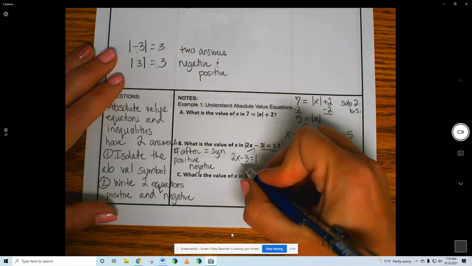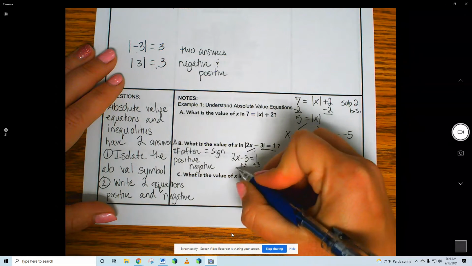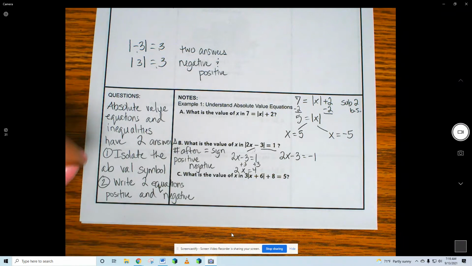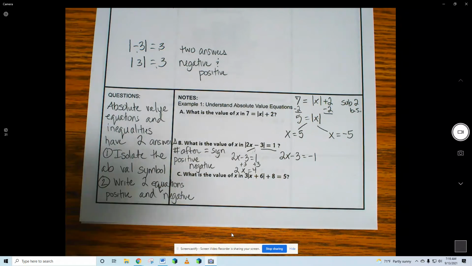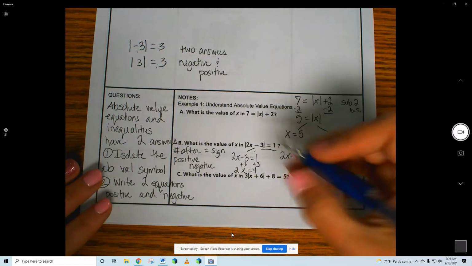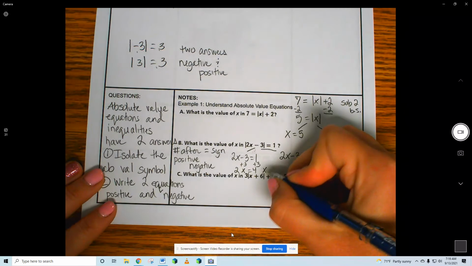You're going to have to write small. So add 3: 2x equals 4. I'm going to solve the left and I'm going to solve the right. Once I make my 2 branches, I don't have to write the absolute value anymore, because I'm making a positive version and a negative version of it. Divide by 2: x equals 2.